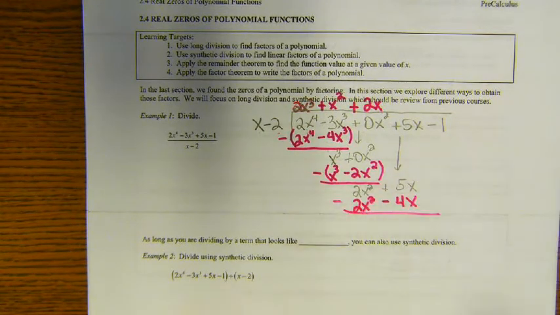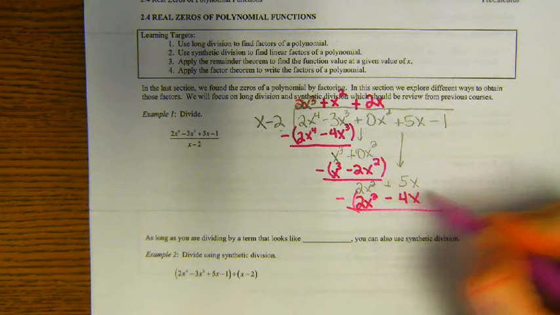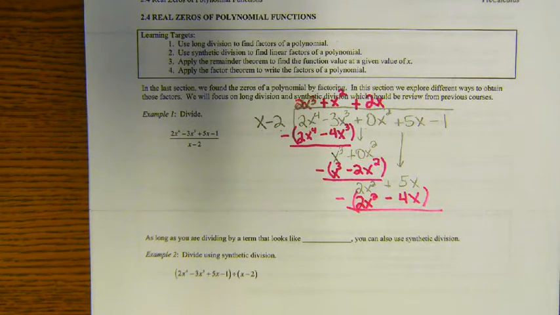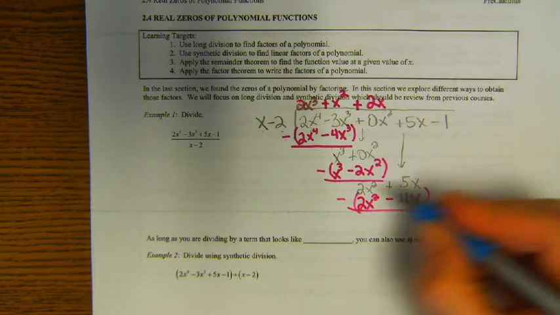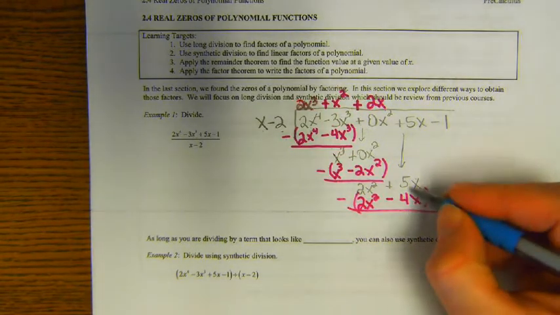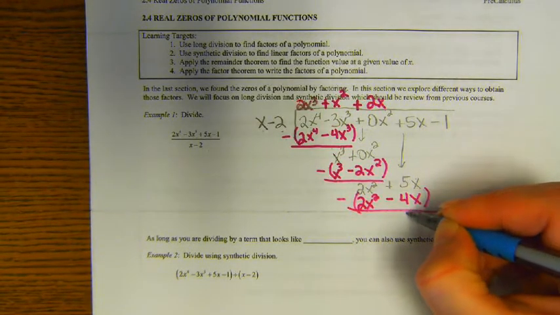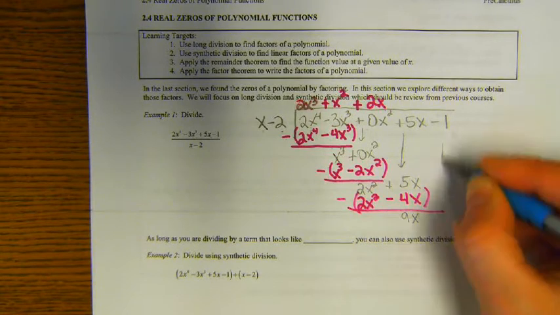We subtract one more row. So we have 5x minus a negative 4x, which leaves me with 9x minus 1.